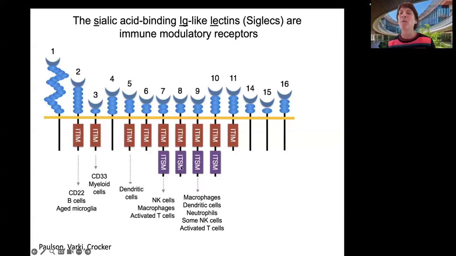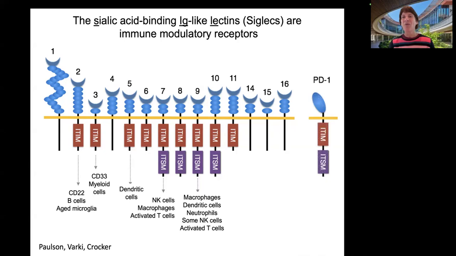These red bricks and purple bricks mean something. These are little motifs within the proteins that are actually known, and quite famously known, for being involved in that inhibition signal.